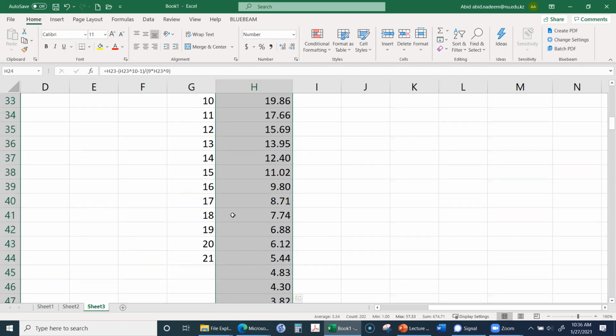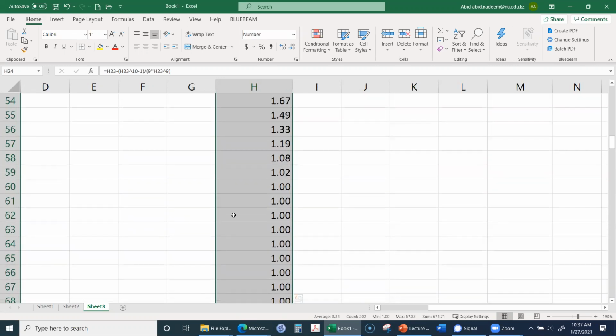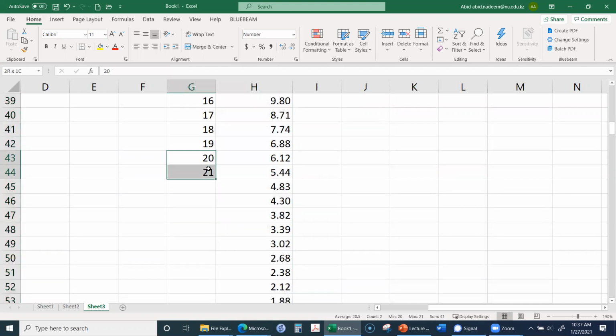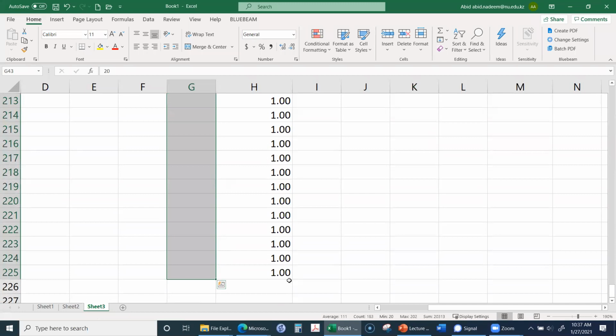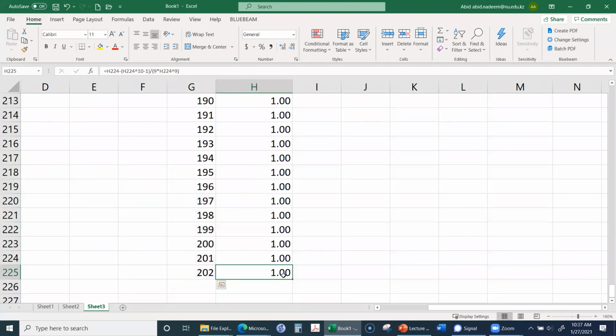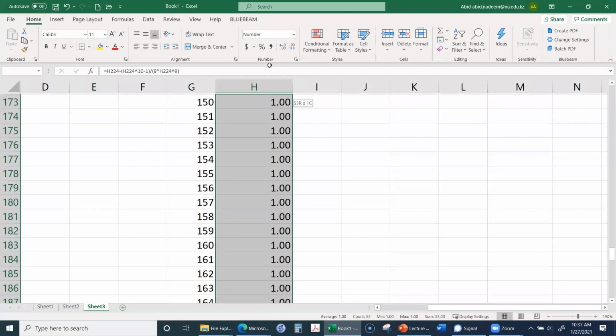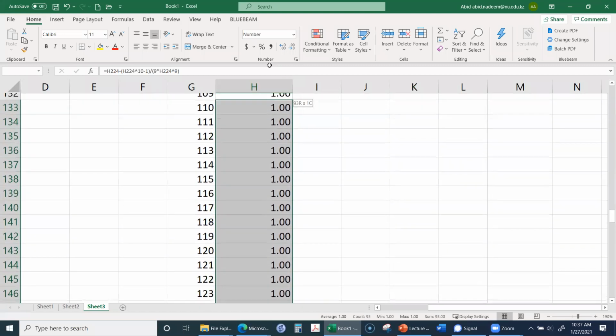So in this case, sometimes the convergence is not that fast. Here you can see that after 200 iterations, this value is about 1.00, or maybe I can take more number of digits.